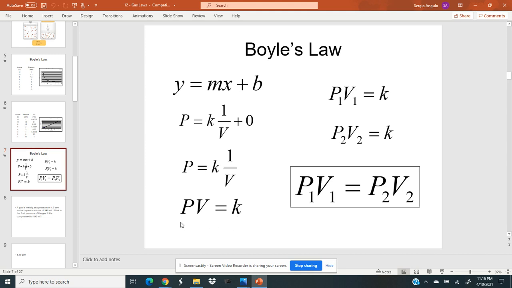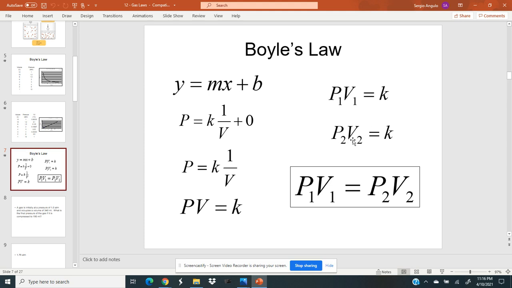What that tells me is that whatever pressure I take from any of my ordered pairs, I'm going to have a V such that P times V is equal to some constant, some number k. So if at one point in time I have a pressure and a volume, we'll call it P1 and V1, and I multiply P1 times V1, I get this constant.